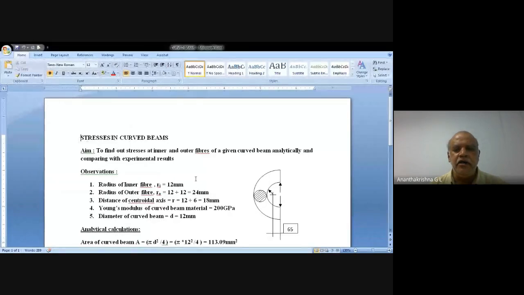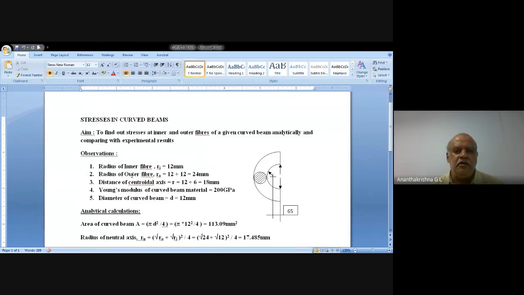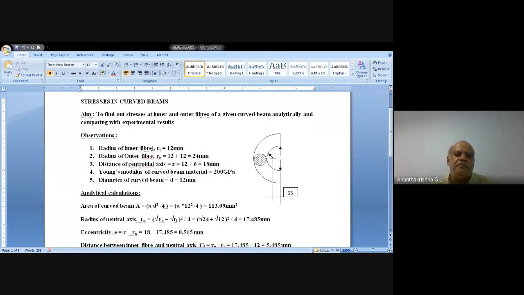Can you see stresses in curved beams? Yes, sir. Okay. So what is a curved beam?